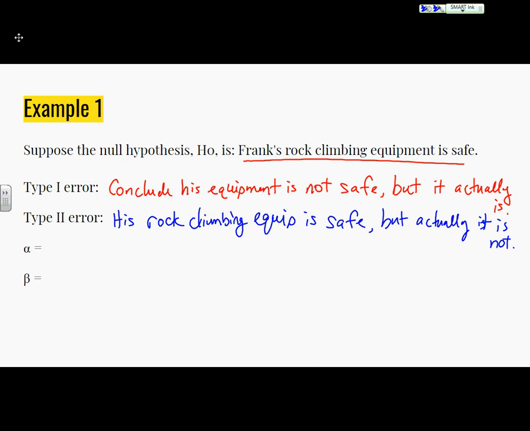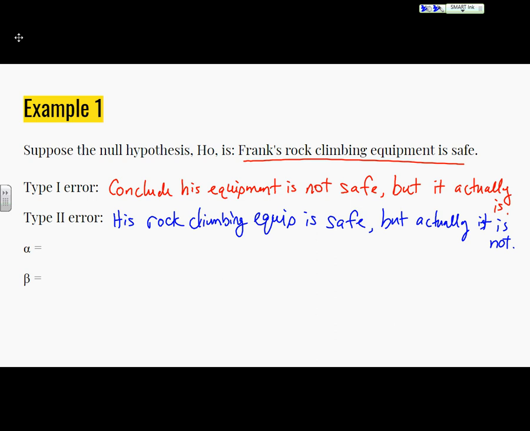All right. So pretty bad error on my part right there. Type 2 error is going to be a lot more harmful for Frank if I say, hey, go ahead, your rock climbing equipment looks good, and then unfortunately, hopefully he's not very high on a rock and he falls down.